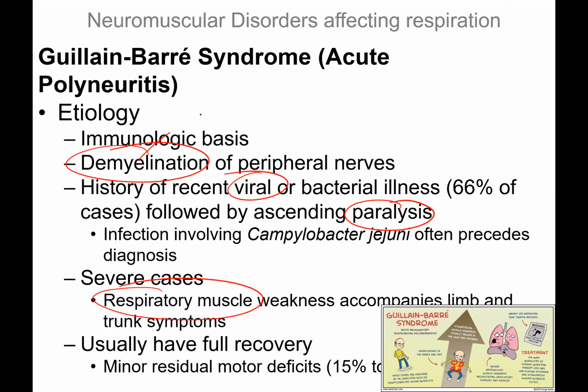Your myelin is what the electricity travels on, like the white matter in the spinal cord. Electricity travels very nicely and quickly along myelin, but if you experience demyelination, then you're going to start to have some paralysis and other weakness problems, including respiratory.